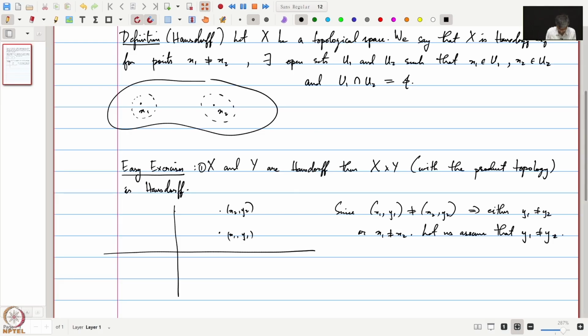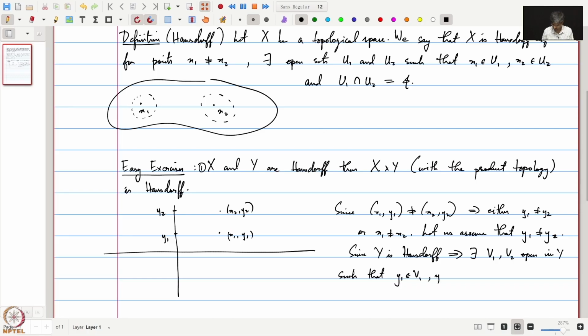So y1 is here and y2 is here. Since Y is Hausdorff, this implies there exist open sets V1 and V2 such that y1 belongs to V1, y2 belongs to V2, and V1 intersection V2 is empty. So this is our V2, this could be our V1.